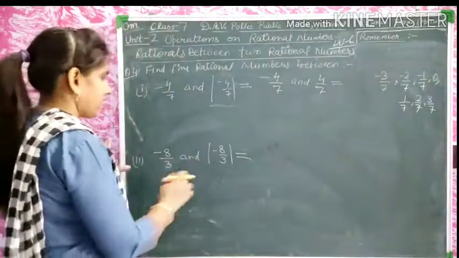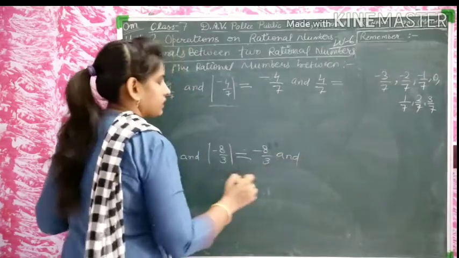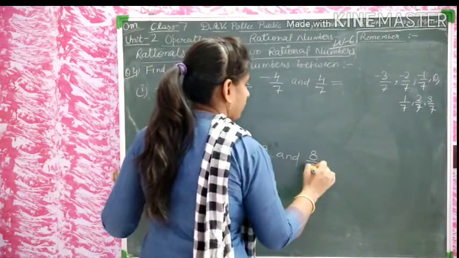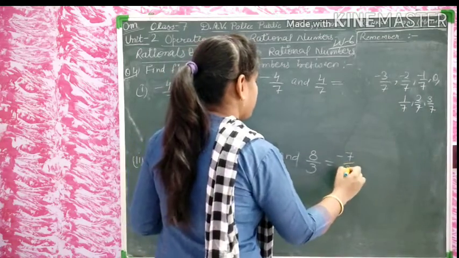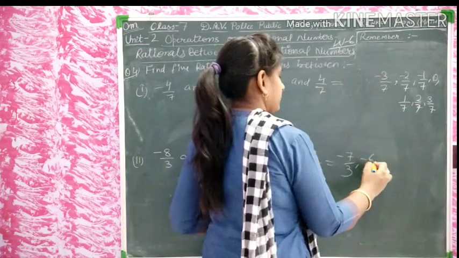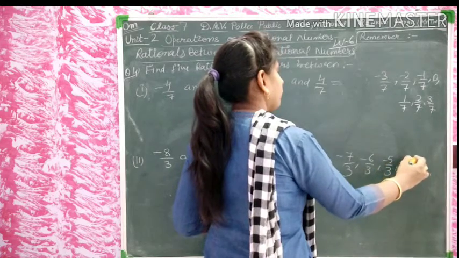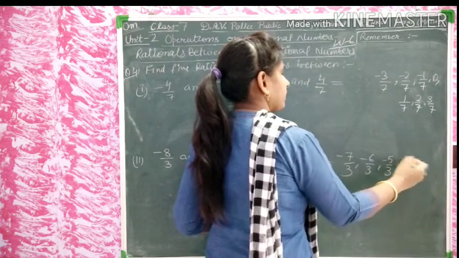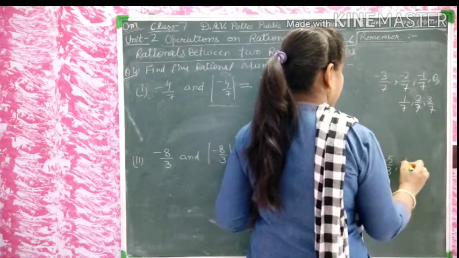And now we write here minus 8 by 3, and it will become positive, it will be 8 by 3. Now between these two numbers we will have minus 7 by 3, minus 6 by 3, minus 5 by 3, minus 4 by 3.